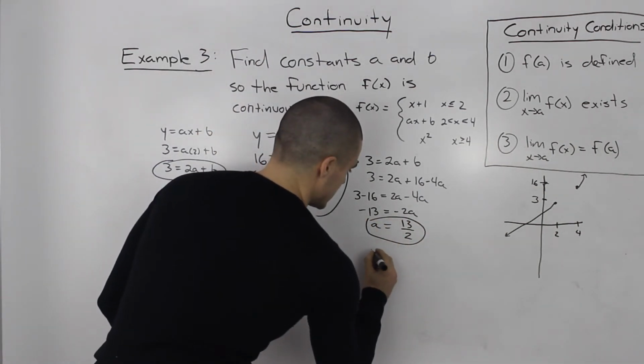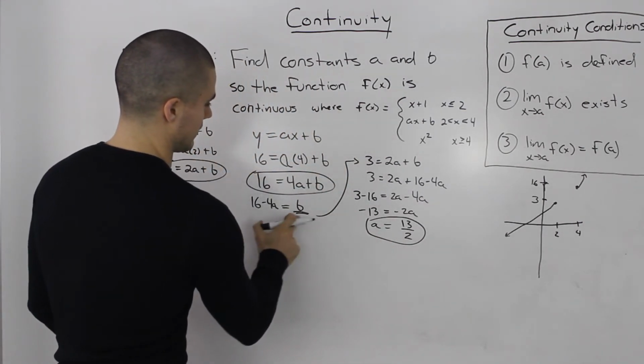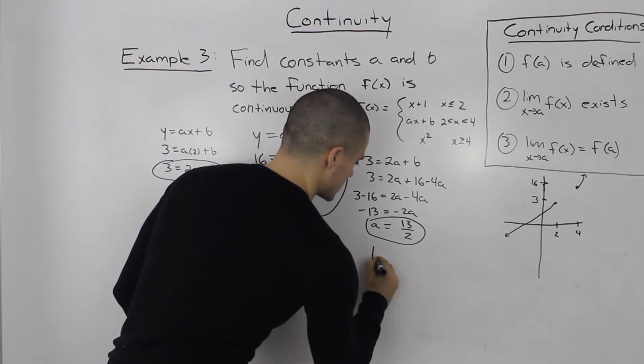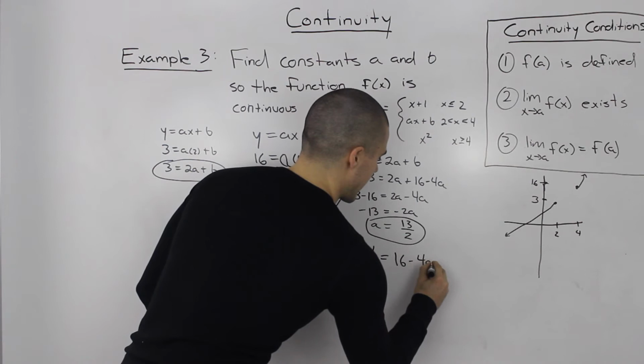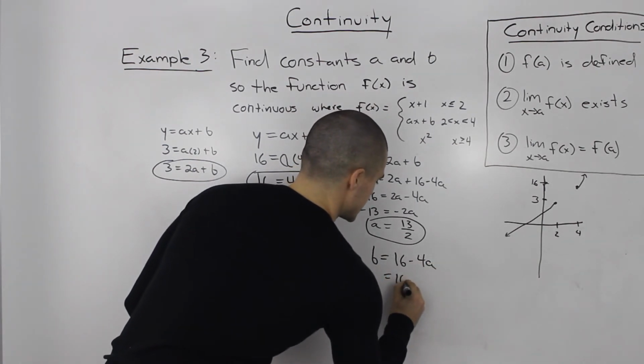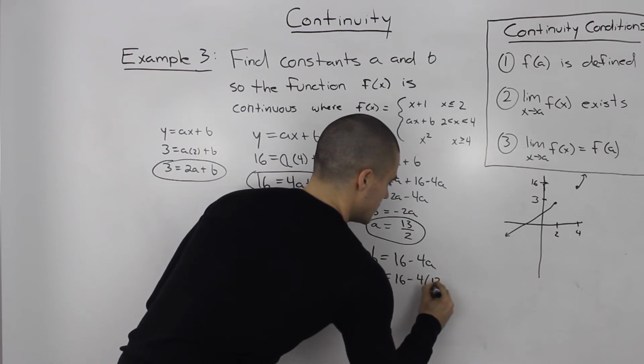So taking this value of a, we can plug it back in here and get our value for b. So let's rewrite this equation for b. We'll have 16 minus 4a, so we'll have 16 minus 4 times 13 over 2.